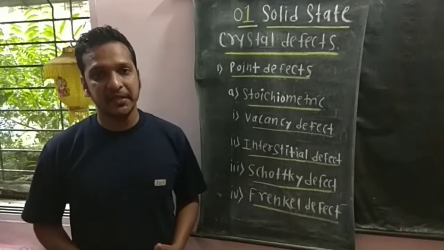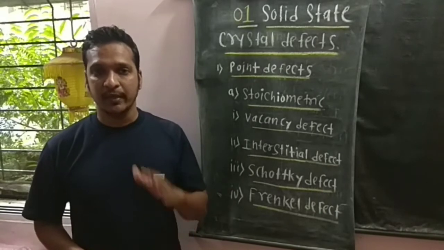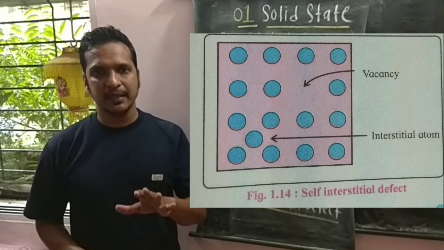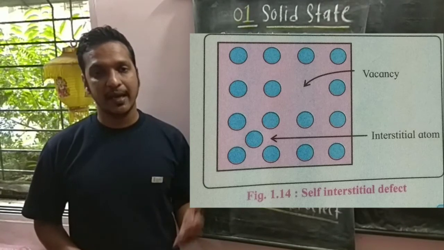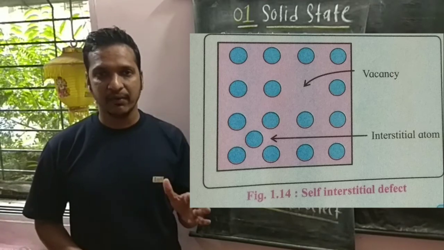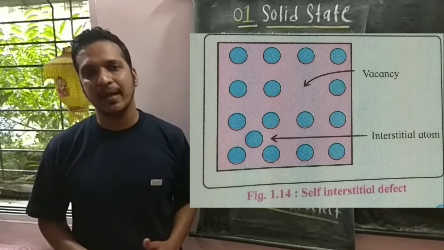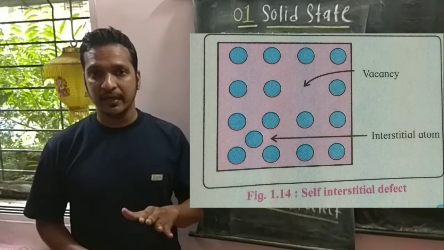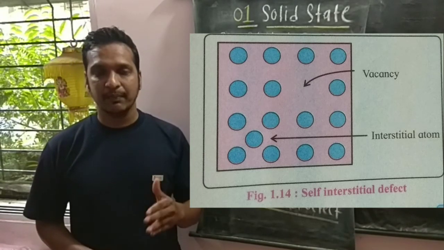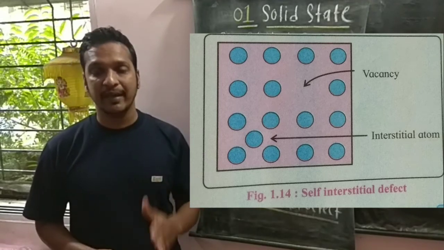We can explain interstitial defect in the second way also. Now look at the interstitial defect in the second way. You can see over here the particle leaves its regular site and moves to occupy interstitial place, which means they get shifted from their original place. Here there is neither gain nor loss of mass of the substance. Therefore, the density of that substance remains same.